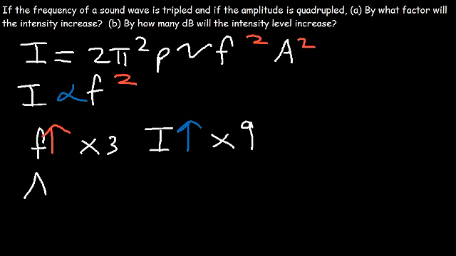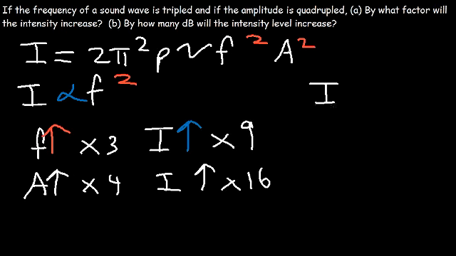And if we increase the amplitude by a factor of 4, the intensity should increase by a factor of 4 squared, or 16. And 9 times 16 is 144. So the intensity should go up by a factor of 144.